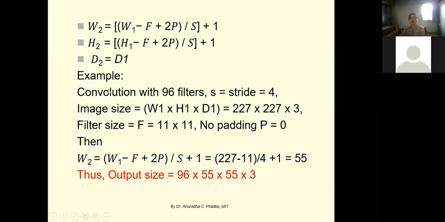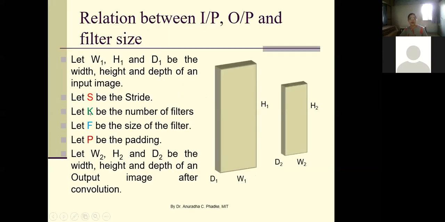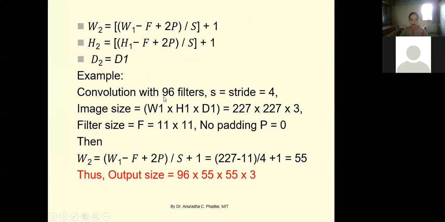Now say we are using 96 convolution filters. So here your K parameter, the number of filters, is 96. It also adds to the resultant depth. So K value is 96 and say stride rate is considered as 4 and P parameter is say 0.